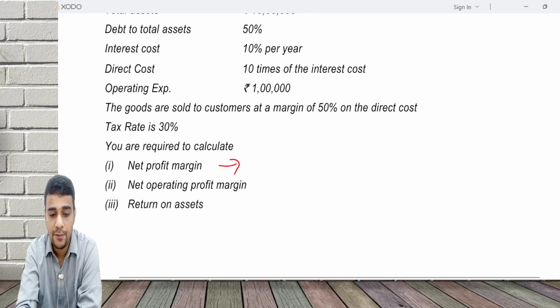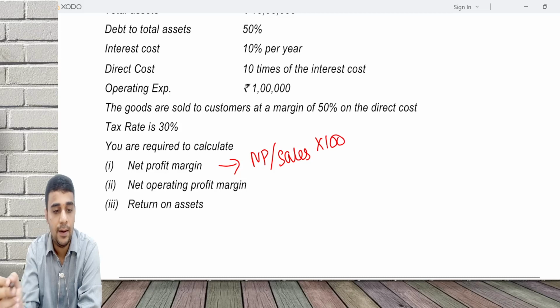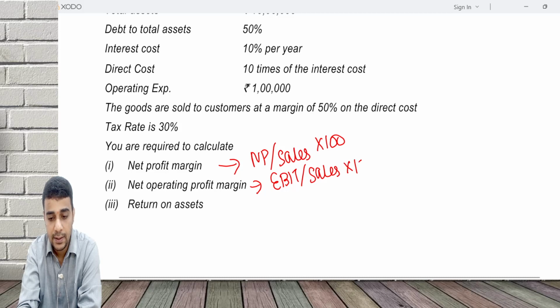Net profit margin is net profit by sales into 100. Net operating profit margin: operating profit is EBIT, so EBIT by sales into 100.